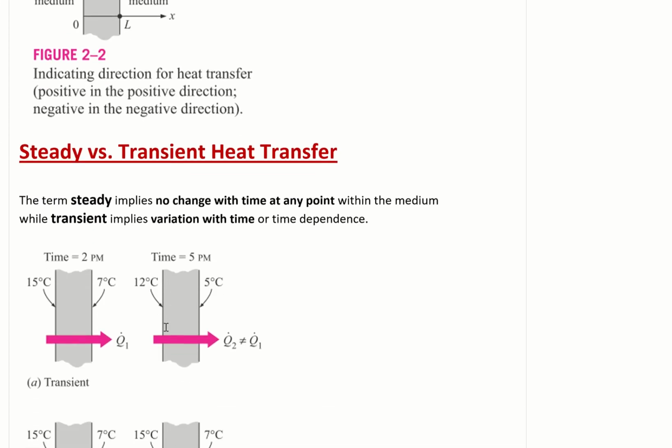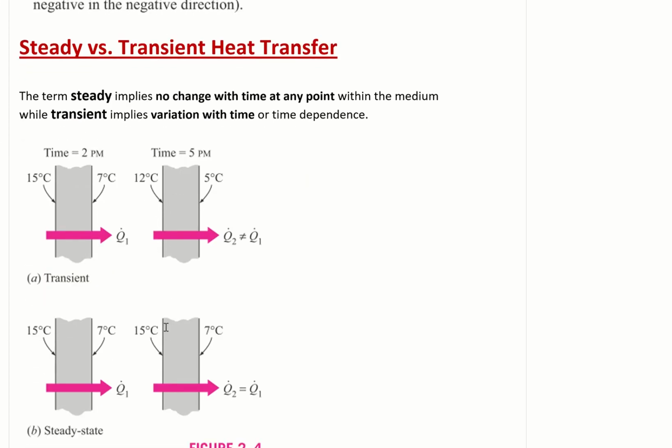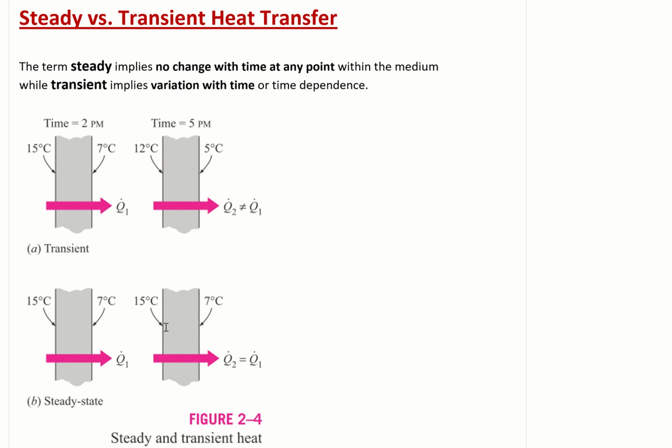Okay, let's talk about steady state versus transient state heat transfer. The term steady implies that there's no change with time at any point within the medium, while transient implies that there's variation with time, or there's a time dependence.